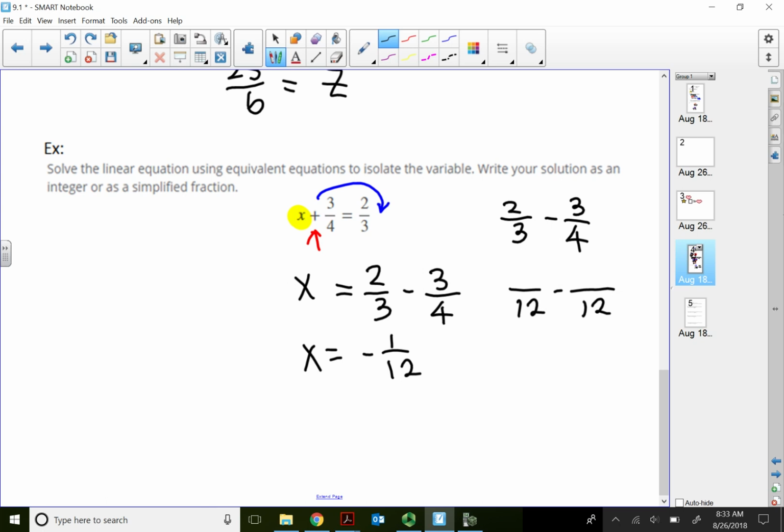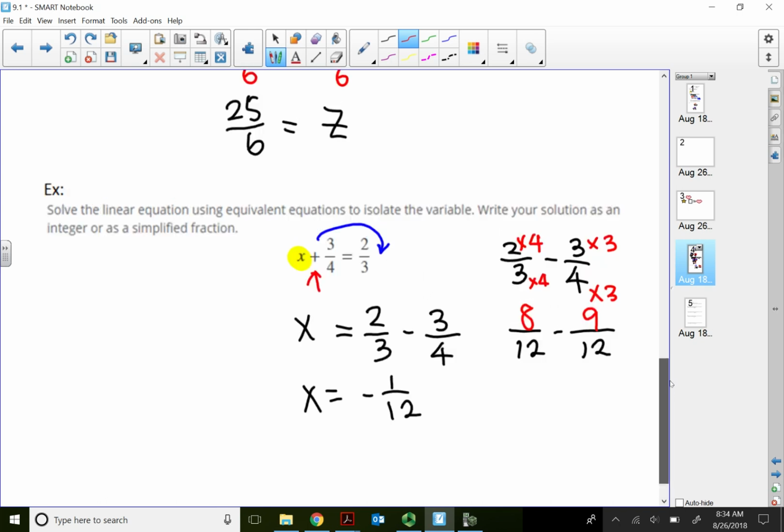Because 3 can go into 12 4 times, my numerator will also increase 4 times. 2 times 4 is 8. 4 will go into 12 3 times, so my numerator will also increase by 3, so that's a 9. So now when we add and subtract fractions, we just add and subtract the numerators after I find the LCD, after I find the equivalent fractions. So 8 minus 9 has got to be -1.